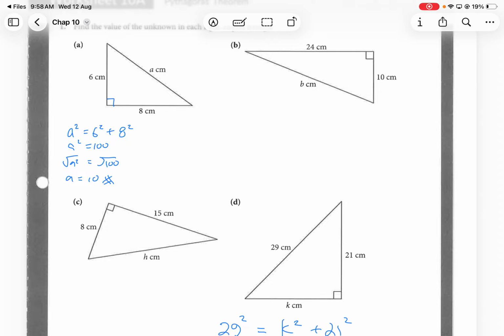Your calculator is right here. You go and steal a calculator. You got me?